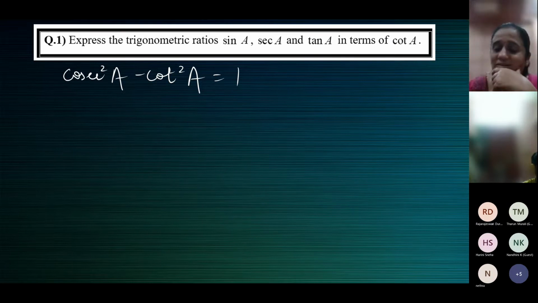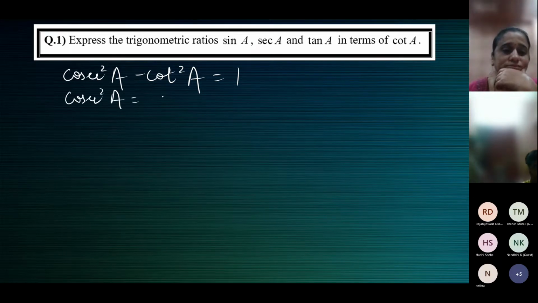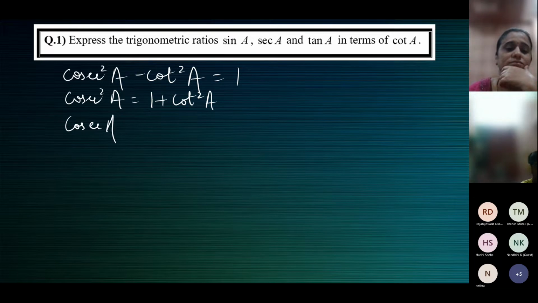Square root of 1 plus cot square. Tell me, cosecant square A is equal to? 1 plus cot square. Yeah, thank you, Rajeshwari. Then what is cosecant A? Square root of 1 plus cot square.